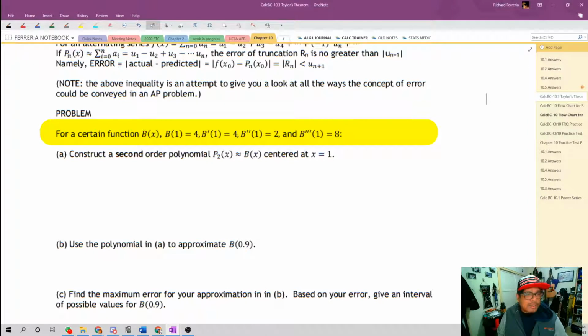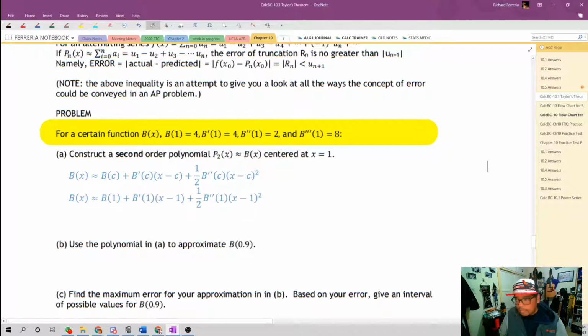We're going to construct a second-ordered Taylor polynomial for b centered at 1. So let's go ahead and do that. We start off with the second-ordered Taylor polynomial for any b at any center, and then we substitute our center. And then we're going to substitute the values for our derivatives. And then we're going to simplify. And that gives us our polynomial P2.